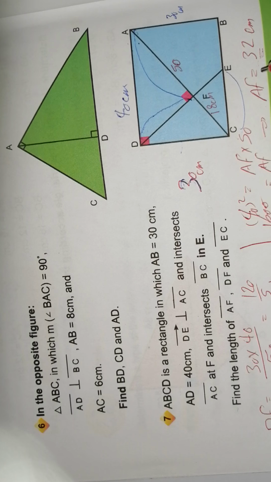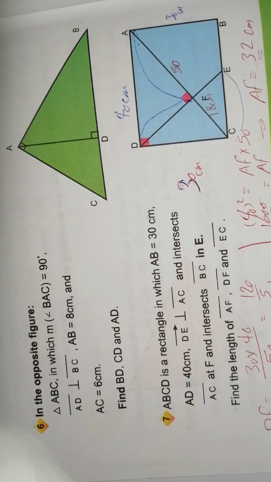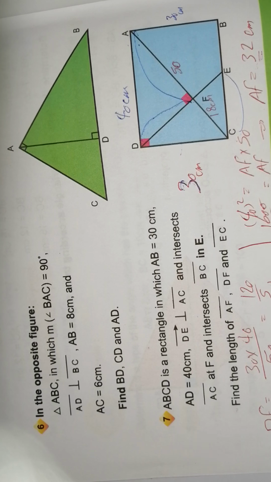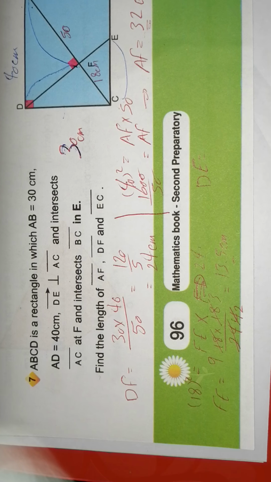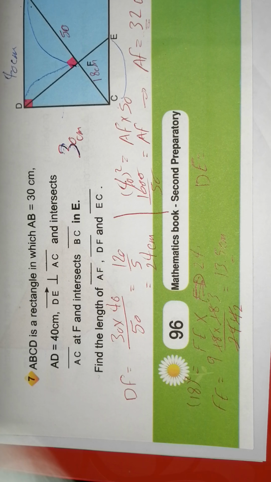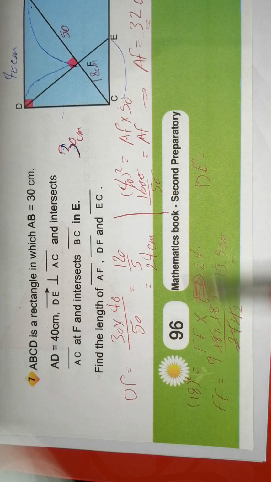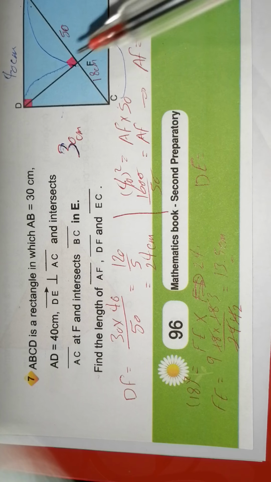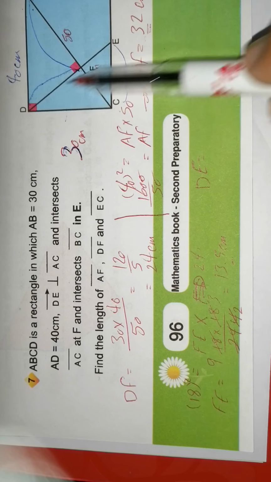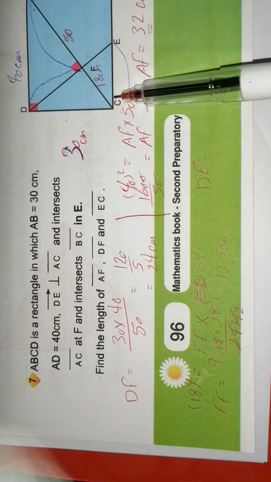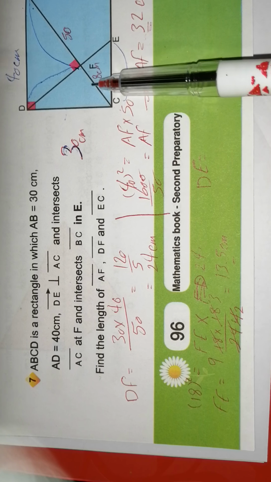So we can find the length of DE. We said that CF is perpendicular to DE and the angle C is a right angle, so we can apply Euclidean theorem.